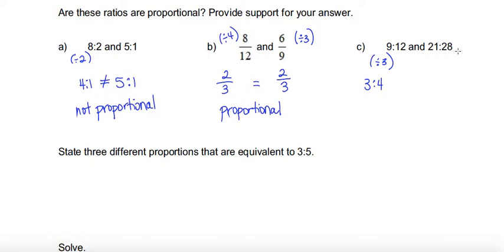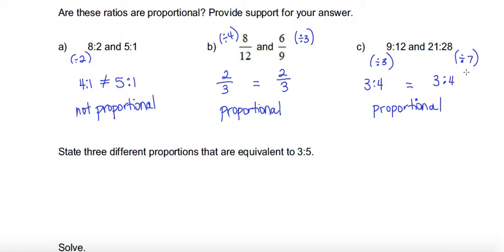And both of these numbers can be divided by 7. 21 divided by 7 is 3, and 28 divided by 7 is 4. These are equal, and so these ratios are proportional. So in order for ratios to be proportional, they have to equal the same ratio in lowest terms.